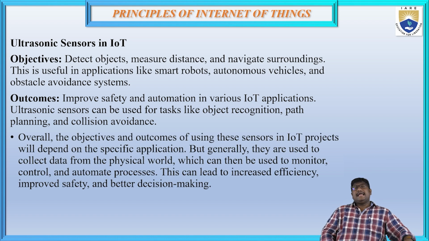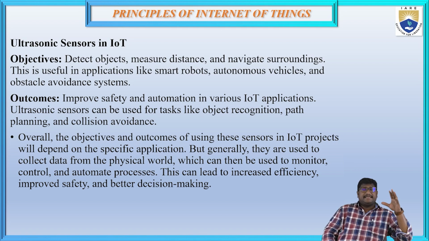And I can say overall, based on these particular objectives and outcomes, with the help of these sensors in different kinds of IoT projects, we can design beautiful applications which improve the IoT system.